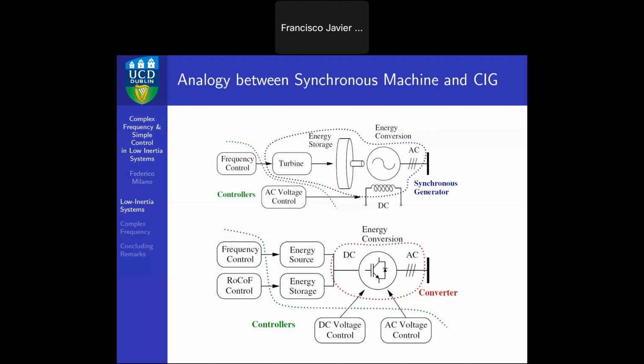Okay, this can be added to converters, of course, but it has to be added, so it has to be based on control. Now, this is an intrinsic storage, and it is intrinsically doing the right thing anyway, as long as the machine is connected. This one can do the right thing if the control works well, if the measurements are correct, if we have implemented it right. So we have an extra layer of difficulty here.